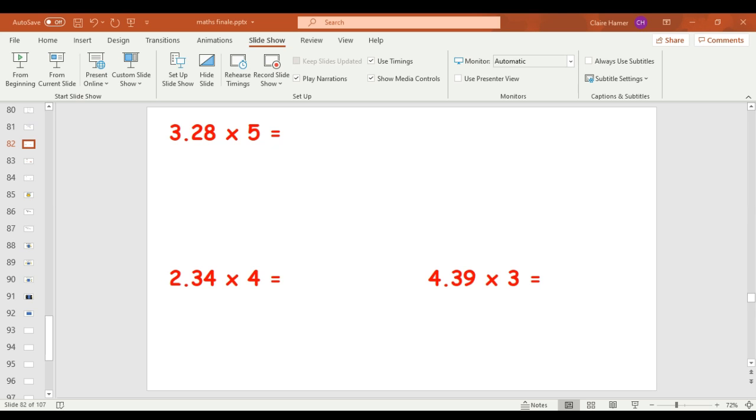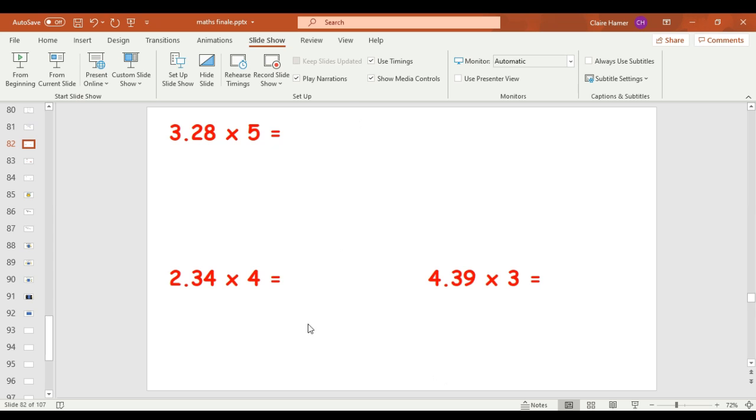So today we are revising multiplying decimals by whole numbers. It's always best, if you can, to do calculations mentally, because that can be the most efficient way, but not always. But I'm just going to show you on screen now a formal way to record your workings.